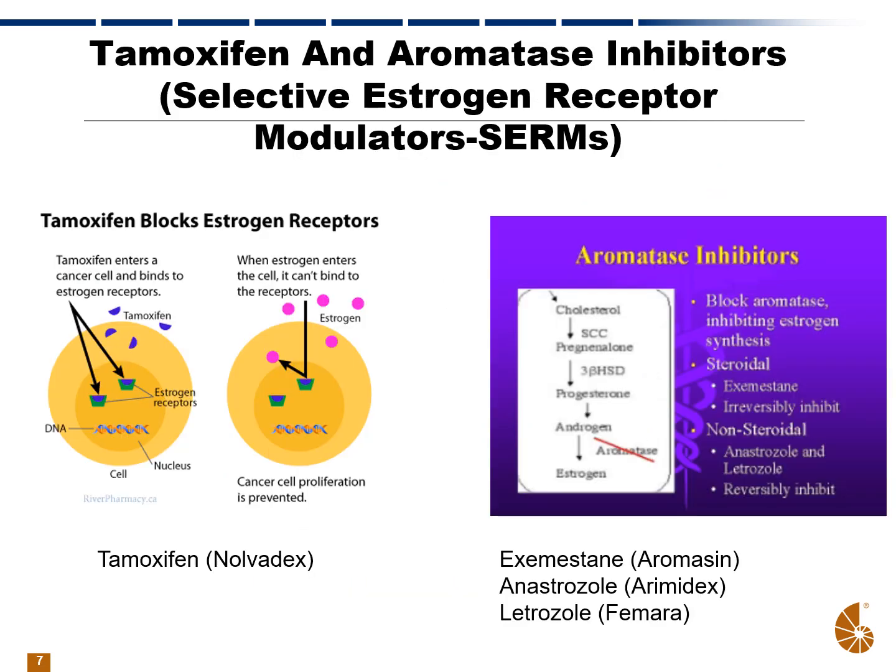Now, what do tamoxifen and aromatase inhibitors do? These are called selective estrogen receptor modulators, or SERMs. Tamoxifen blocks estrogen receptors. So when you take that drug, it blocks the receptor, so estrogen cannot land on the receptor and cause its effects.